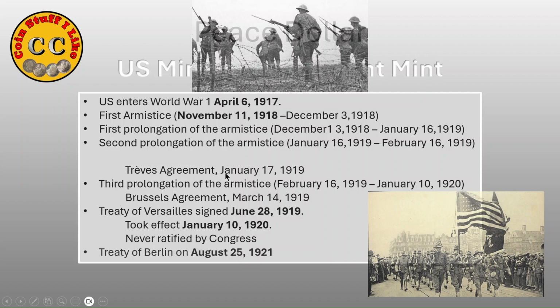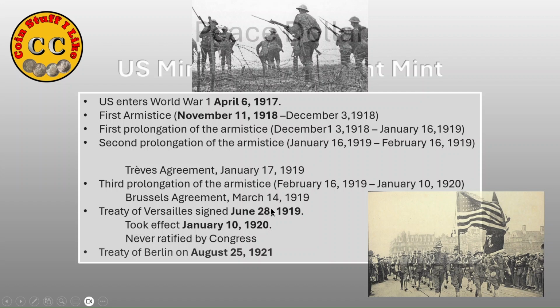There's a number of agreements that occur to extend the armistice, but ultimately the Treaty of Versailles was signed on June 28, 1919. So the armistice started November 11th, 1918, and it took a good 7 months to come to a peace treaty and sign it June 28th, 1919.